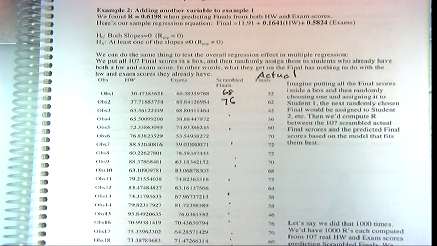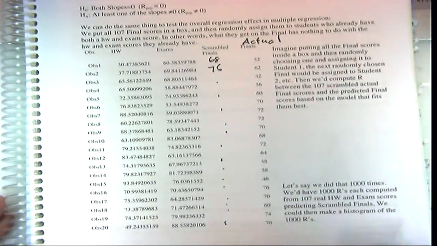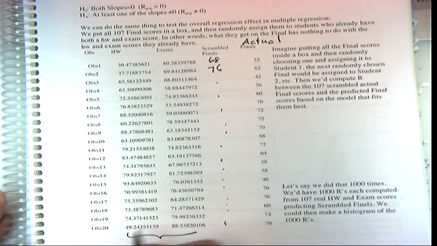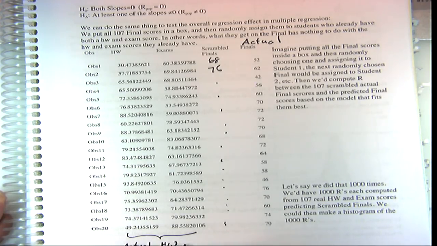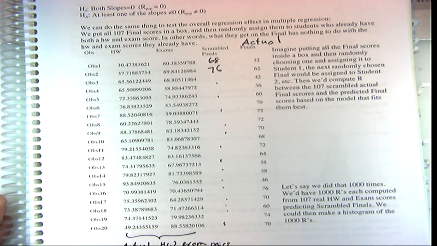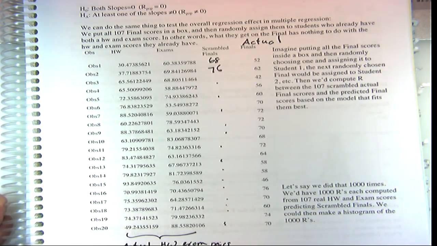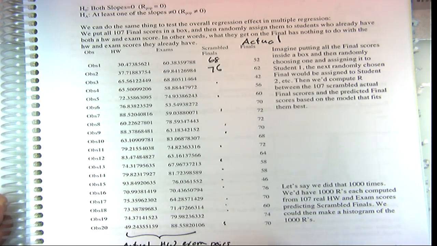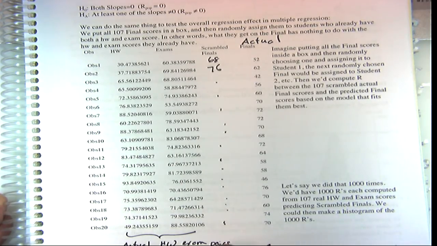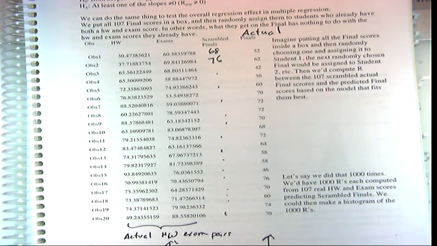So let me see if I can make this clear what's going on. These right here are the actual homework and exam pairs. We're going to keep those together, right? And then our observed R is pairing them with your actual final.